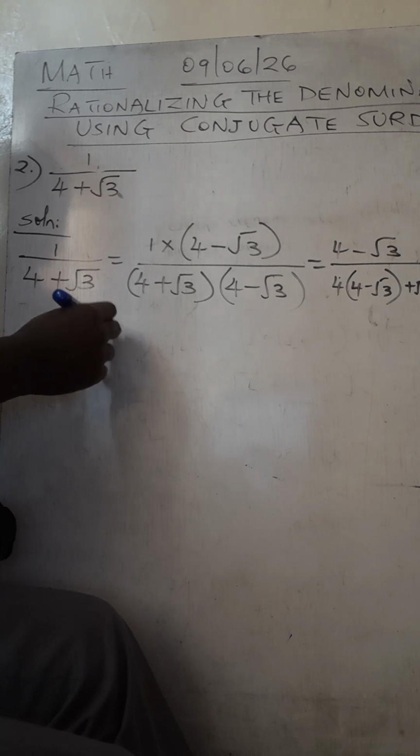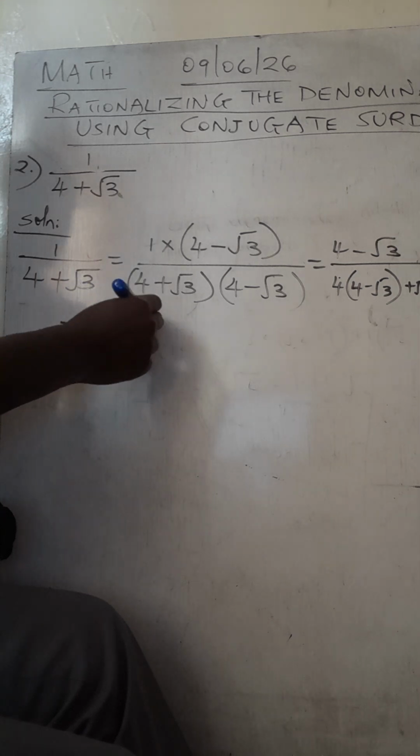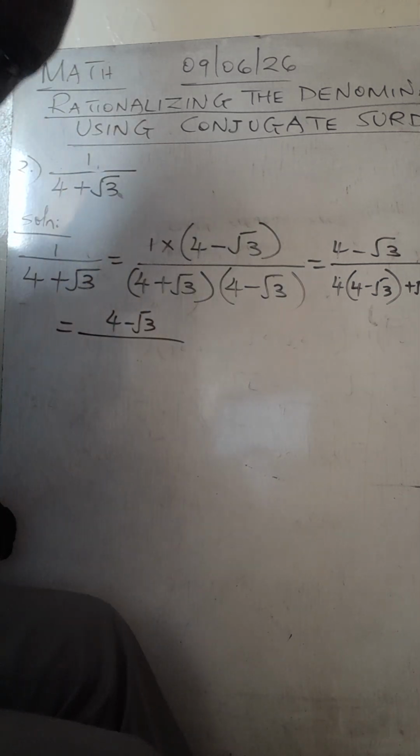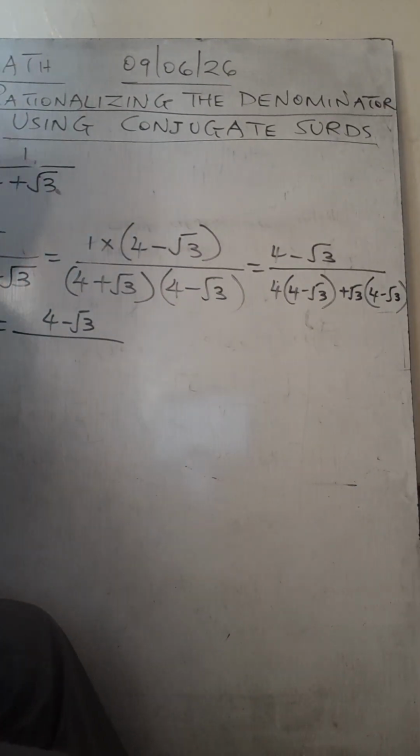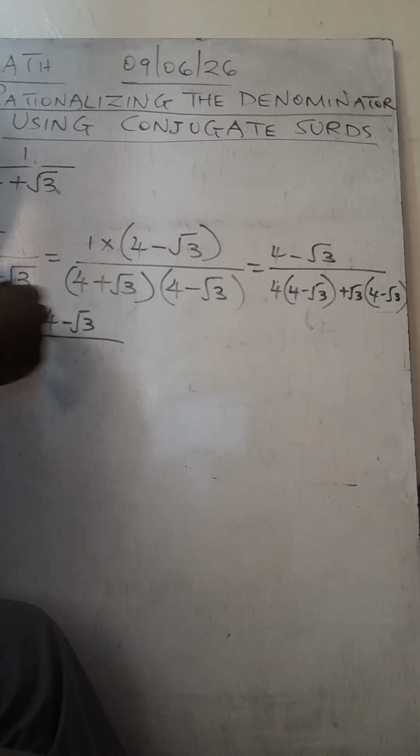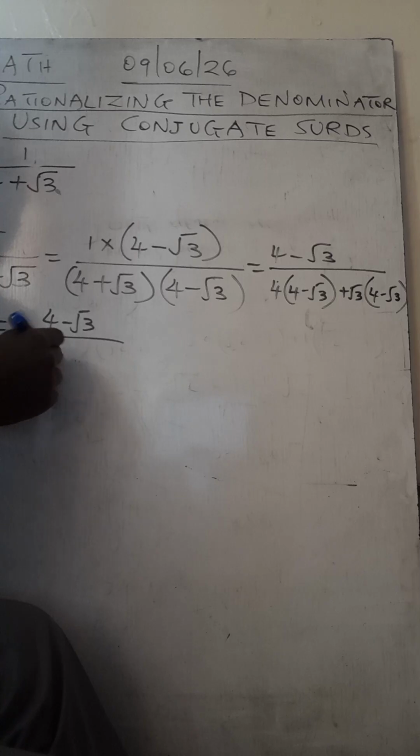Now you have 4 minus root 3 over 4 times 4 is 16. 4 times root 3 is 4 root 3.